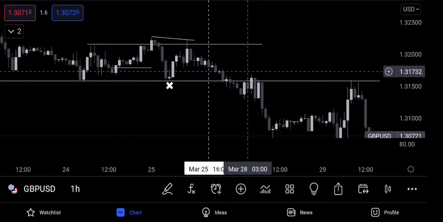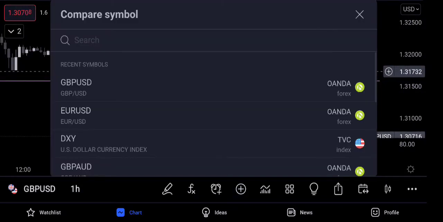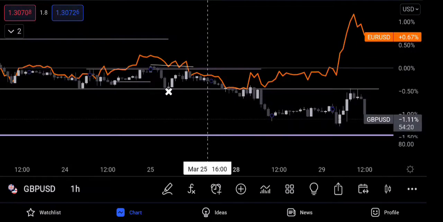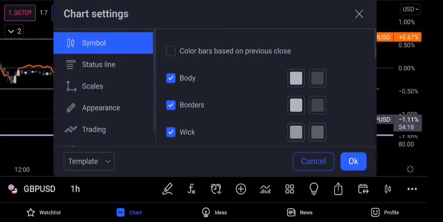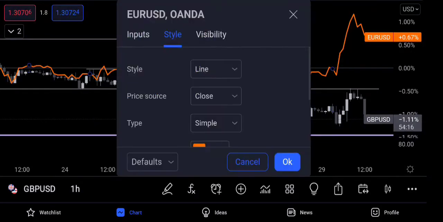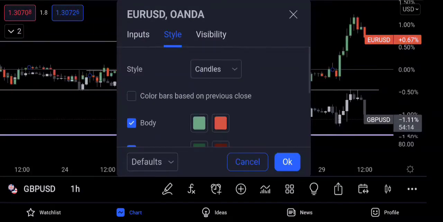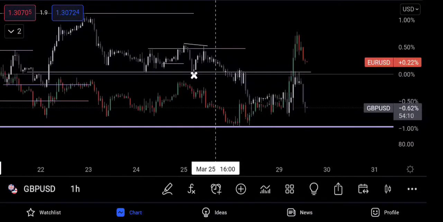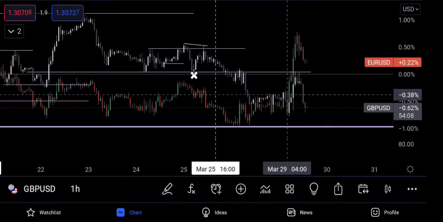So when you go back and look at Euro USD, the only reason I bring up Euro USD is to compare this now. This is that same setup. Let's go to the Euro USD chart instead.